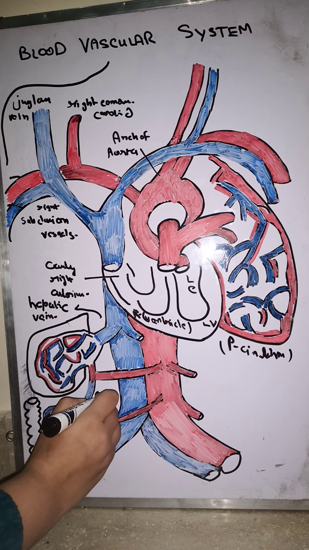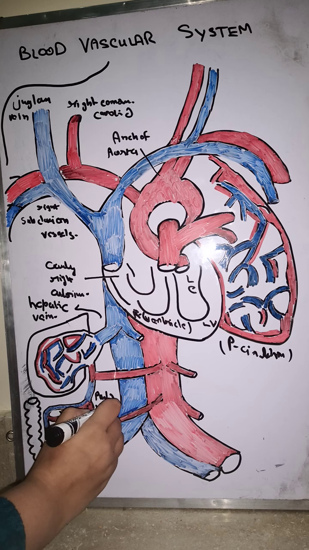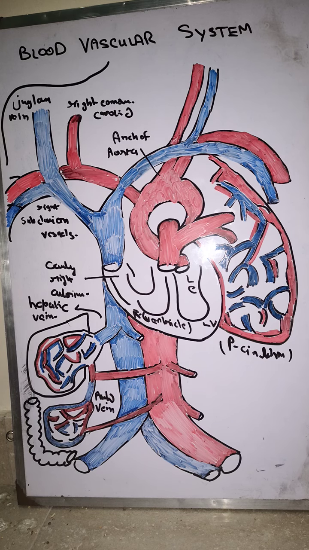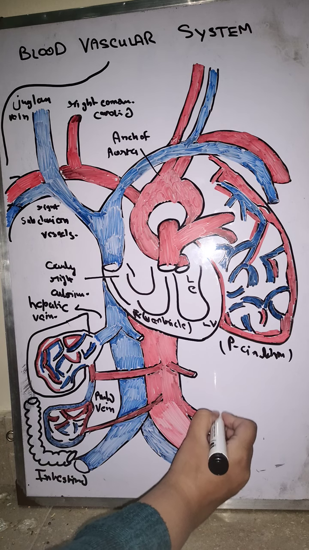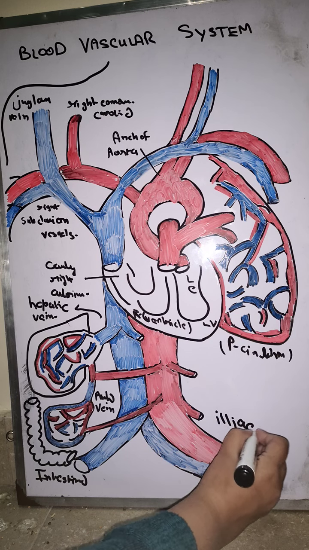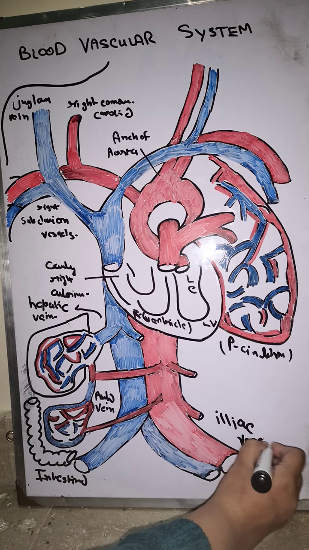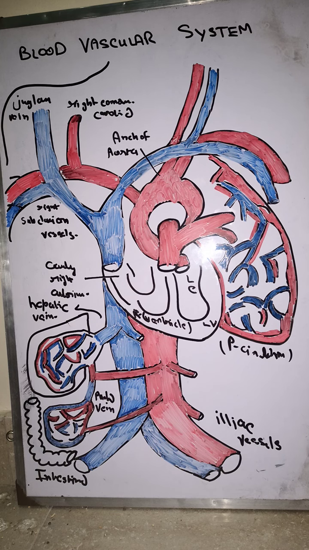This is the portal vein. The blood supplies providing to the intestine are called the intestinal vessels. Always remember, the vessels coming towards the iliac part are called the iliac vessels, also the common iliac vessels.